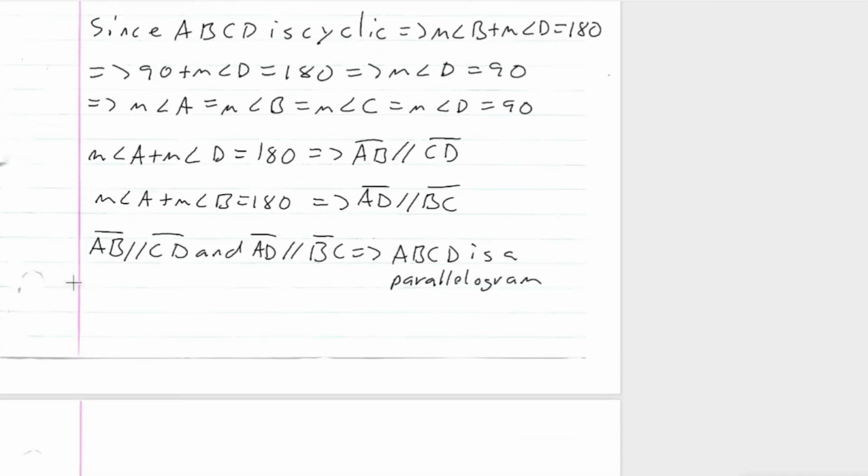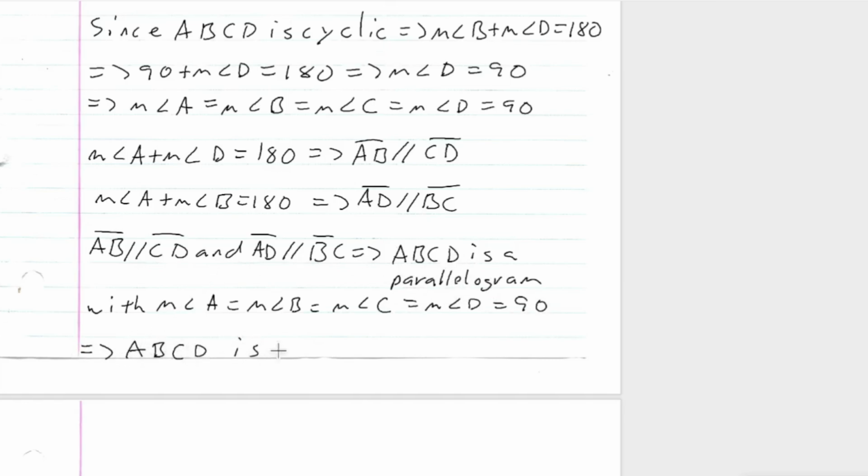And I know that it's a parallelogram with the measure of angle A equal to the measure of angle B equals the measure of angle C equals the measure of angle D equals 90. So this not only implies that ABCD is a parallelogram, it implies that ABCD is a rectangle. And that is my proof.